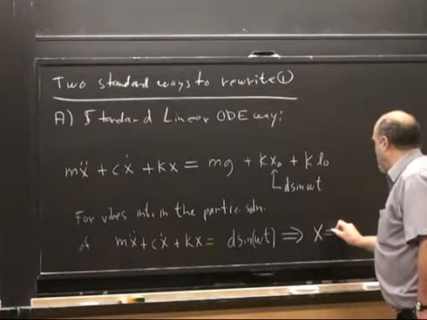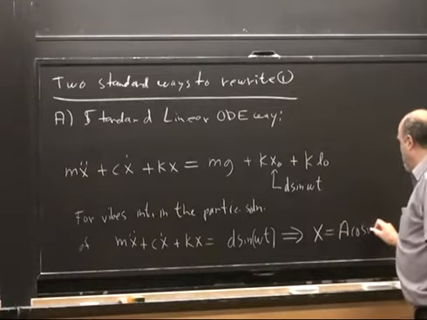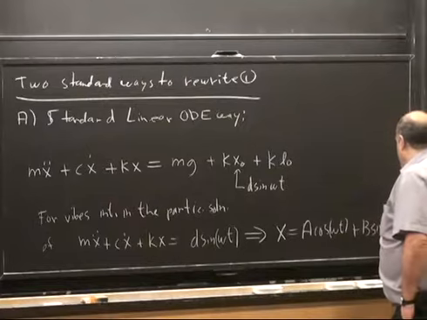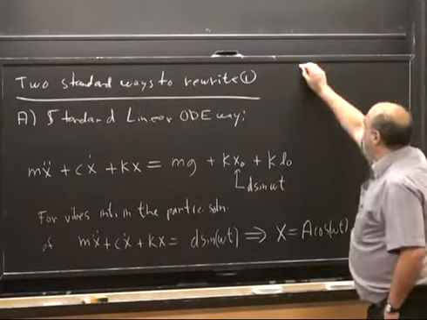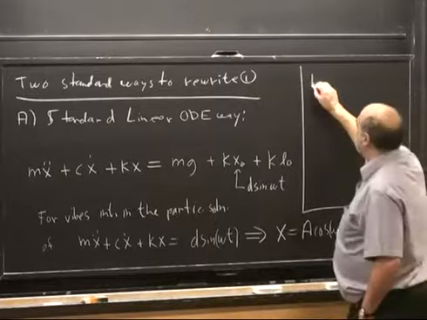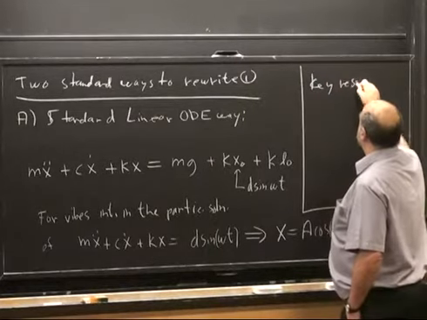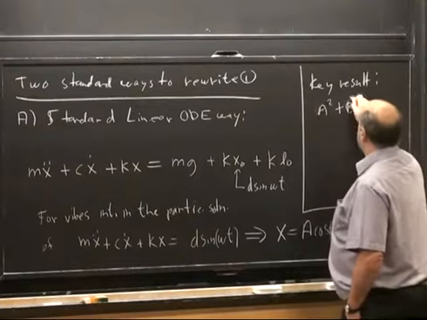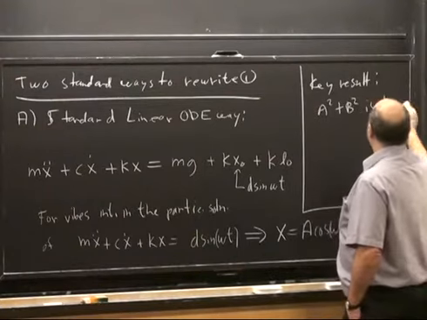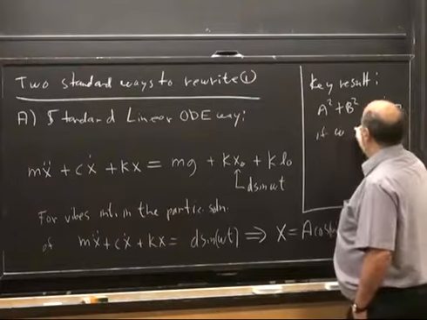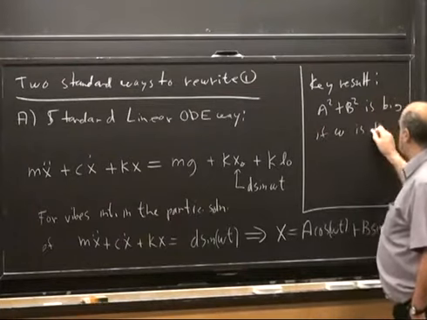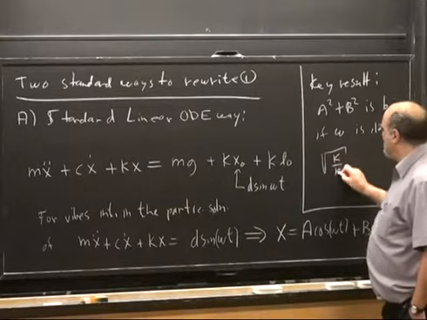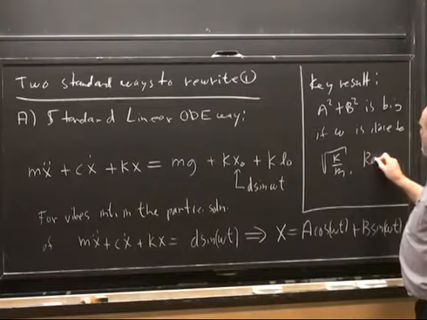That solution will be of the form a cosine omega t plus b sine omega t. And the key result is that a squared plus b squared is big if omega is close to the square root of k over m. And that's what we call resonance.